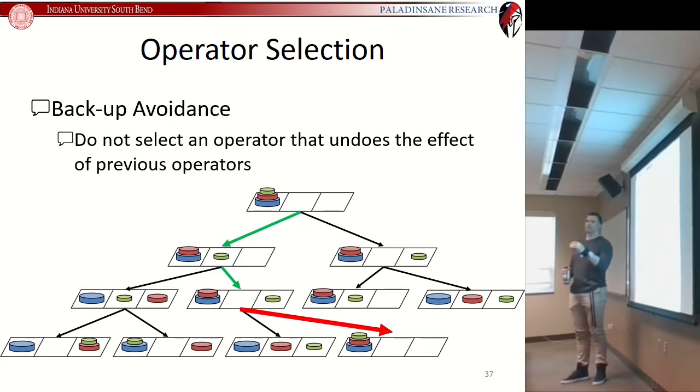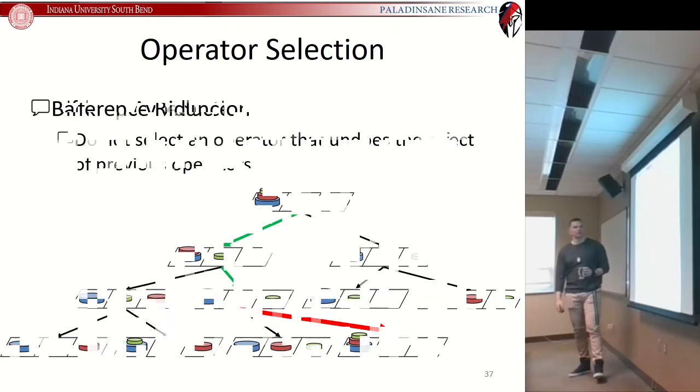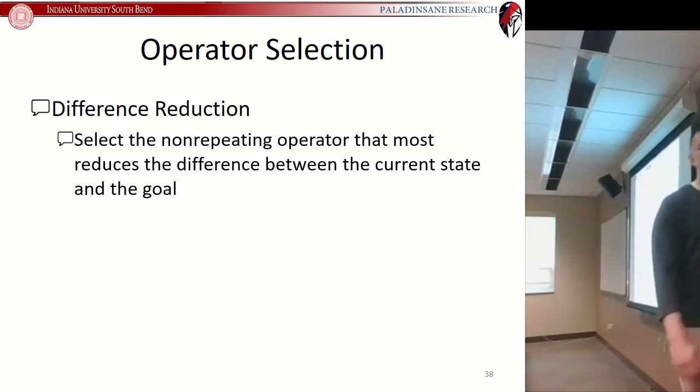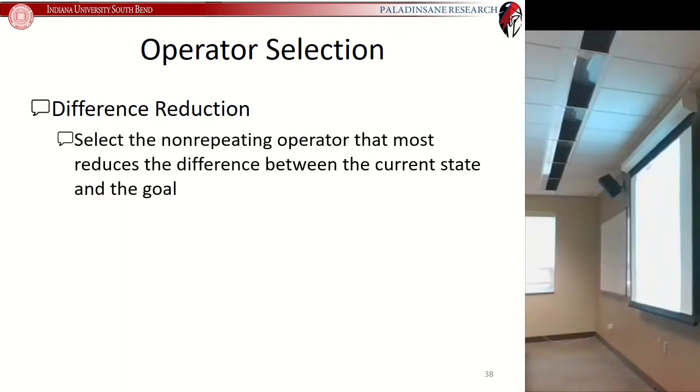It doesn't contradict anything. But we don't select operators that undo the effects of any of our previous moves. All right, the next one, difference reduction. We tend to select non-repeating operators that most reduce the difference between your current state and the goal state.